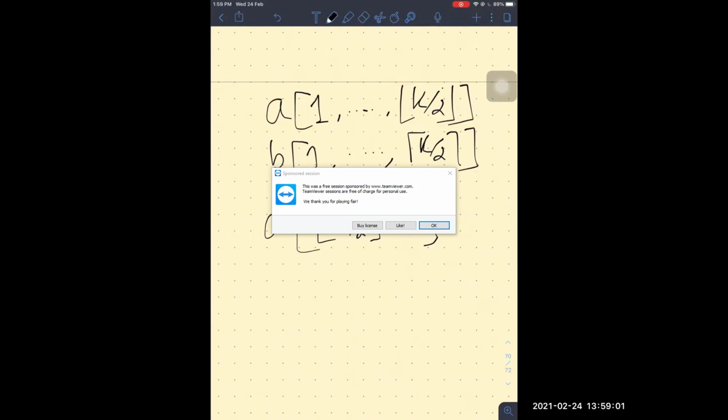So our smallest element has to be less than A[k/2 plus 1]. Any question?